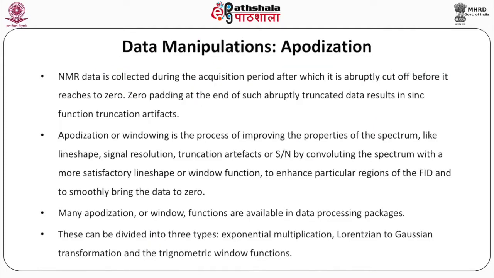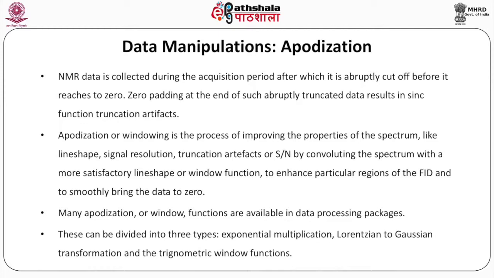Apodization. NMR data is collected during the acquisition period, after which it is abruptly cut off before it reaches 0. Zero padding at the end of such abruptly truncated data results in sinc function truncation artifacts.